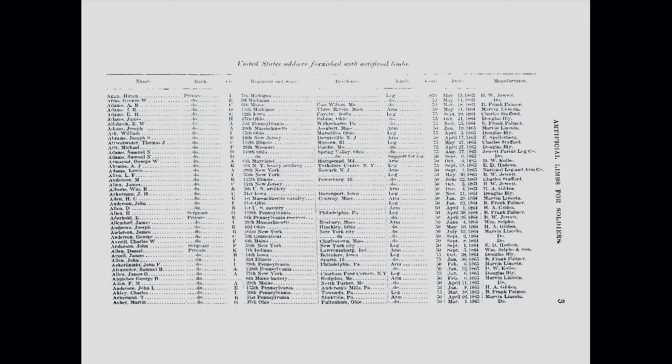And it starts with this list, which provides the name and rank of the soldier, the regiment, the state and company, the residence, the cost of the limb, and the date it was furnished to them, as well as the manufacturer. So, again, not something I expected to find, but it helps provide some additional information about individuals, and is especially interesting if any of them are your ancestors.